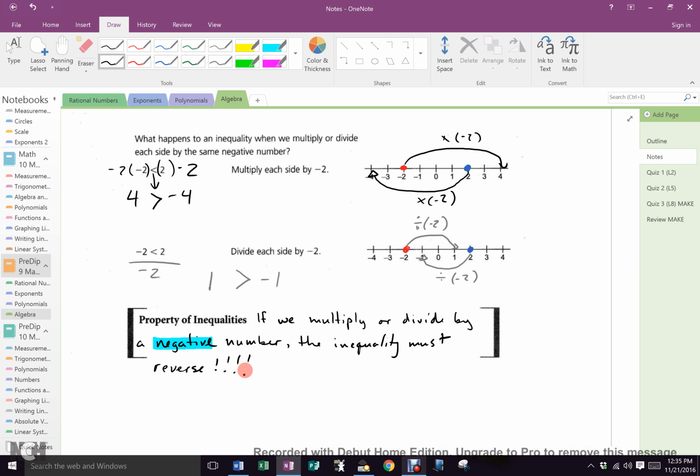Okay. Now somebody always says, why? You just saw why. Because when you perform the operations, you see that it has to be so.